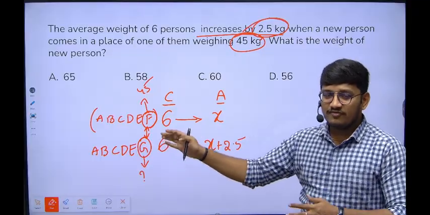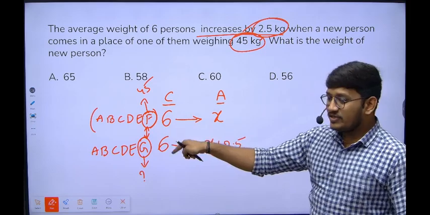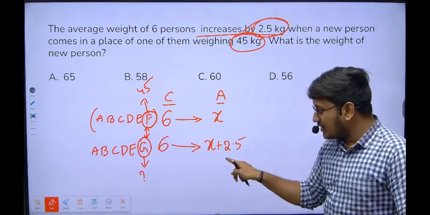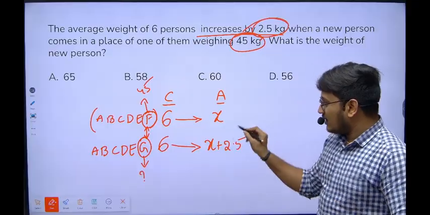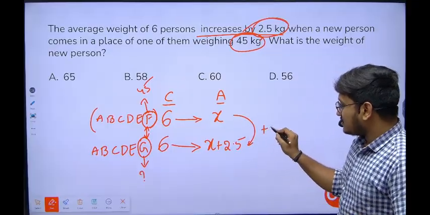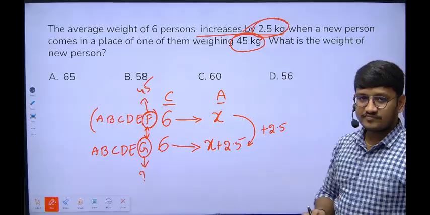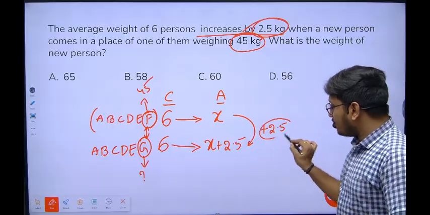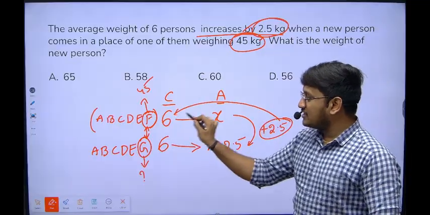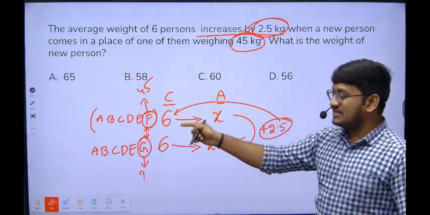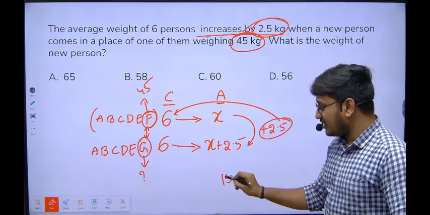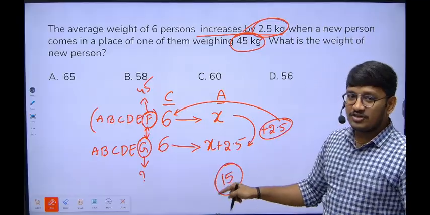No need to take the difference on the left-hand side, because even if you take it, it will be 0, and 0 multiplied with this value will obviously be 0. Now what is the difference here? Plus 2.5. This 2.5 will be multiplied with 6. 2.5 times 6 is 15.